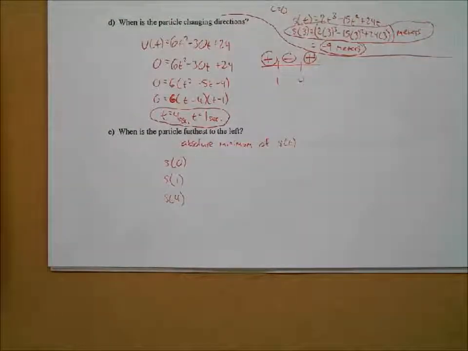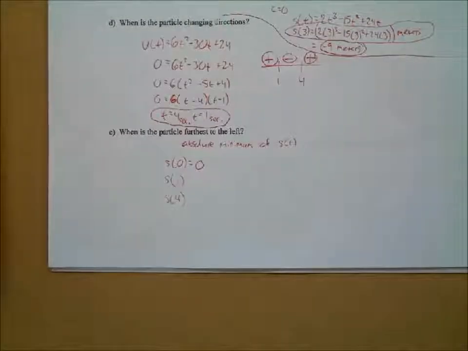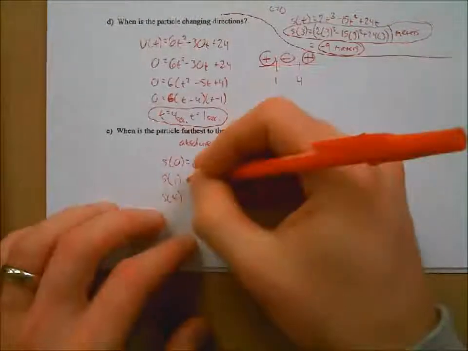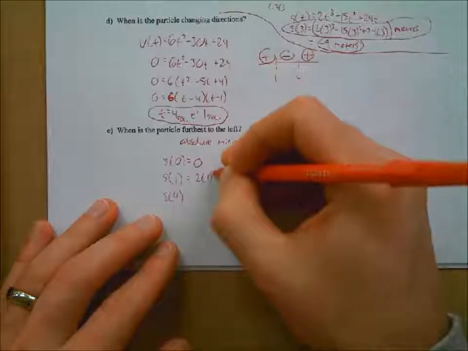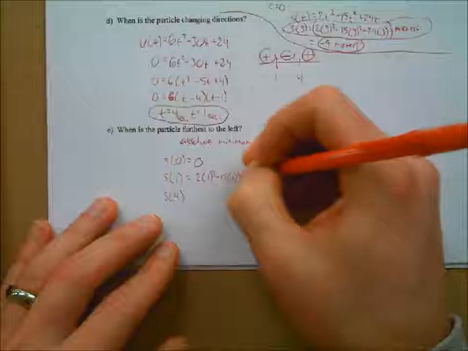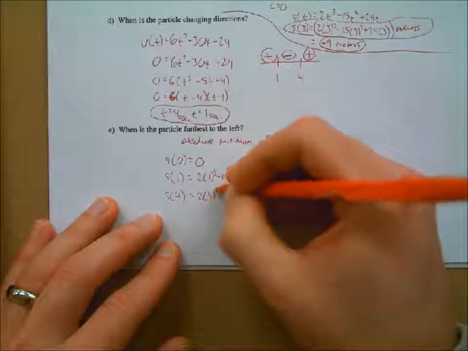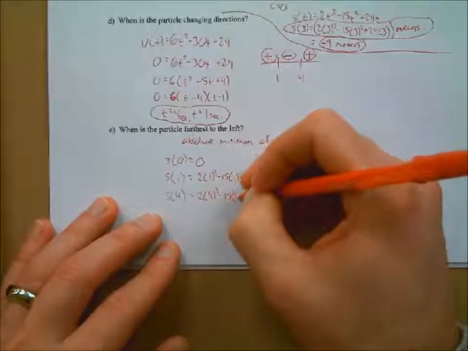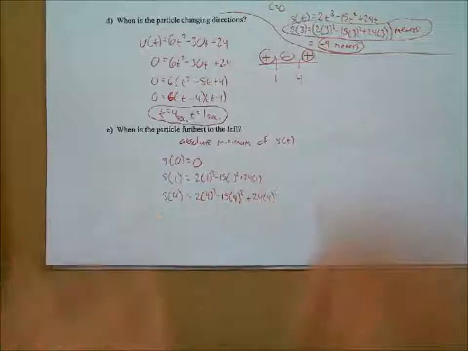Okay. Well, we know the initial position. It's 0, right? We were told that at 0 it's 0. And then we'll try these other ones here. Let's see. So it'll be 2 times 1 cubed minus 15 times 1 squared plus 24 times 1. And then for 4, it's 2 times 4 cubed minus 15 times 4 squared plus 24 times 4.